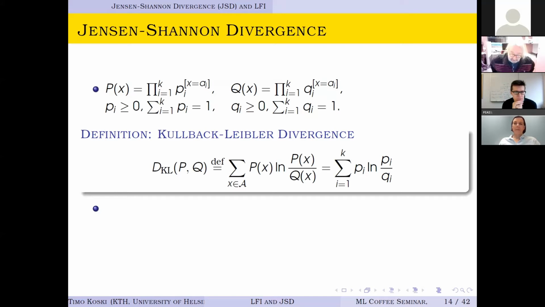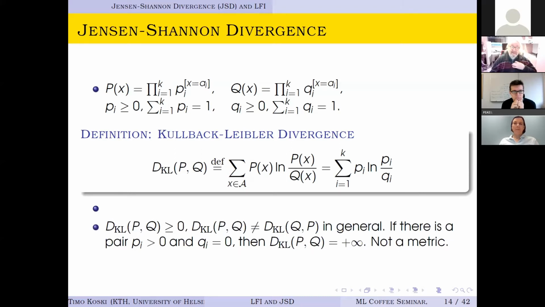If I use this Iverson notation, it turns out that in terms of these categorical probabilities, the Kullback-Leibler divergence looks like that, very well known, and you have probably seen it.